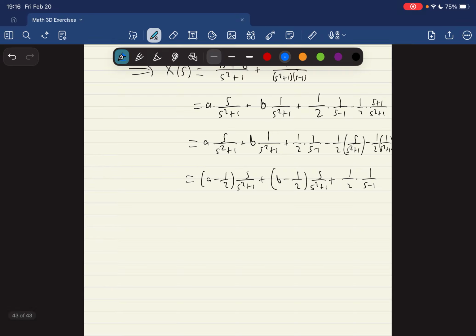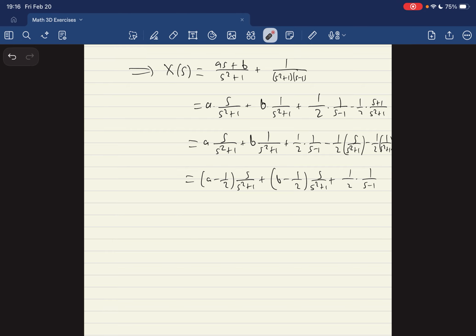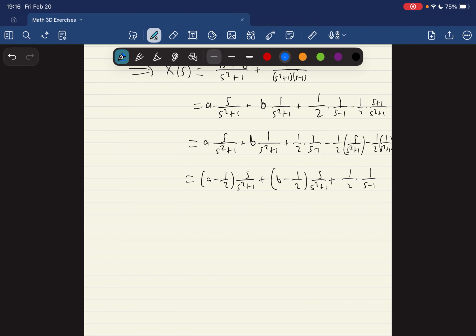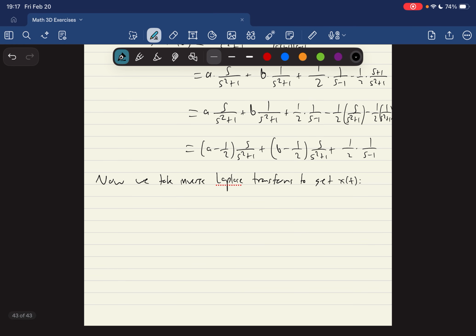So once again, we have the Laplace transform, but we want our original function x(t). So now we take inverse Laplace transforms to get x(t). So x(t) is going to be the inverse Laplace transform of capital X(s).